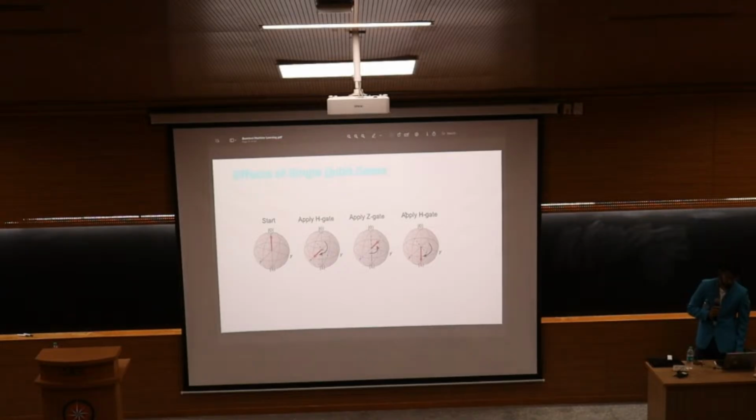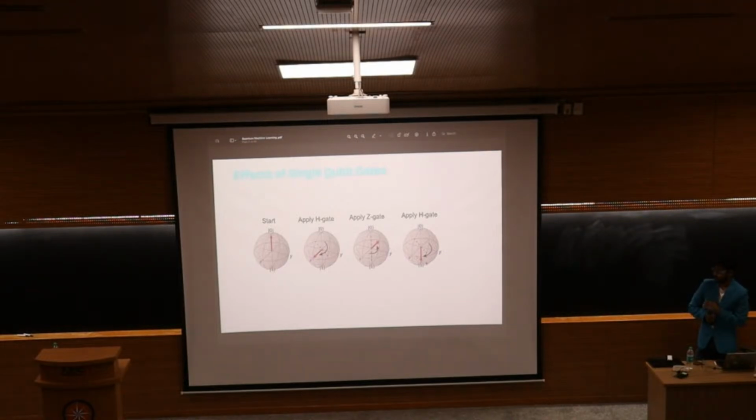Now if you apply the Hadamard gate again, it switches between the x-axis and the z-axis. This is now your minus x-axis, so if you convert between x and z, the vector will go to the minus z-axis.